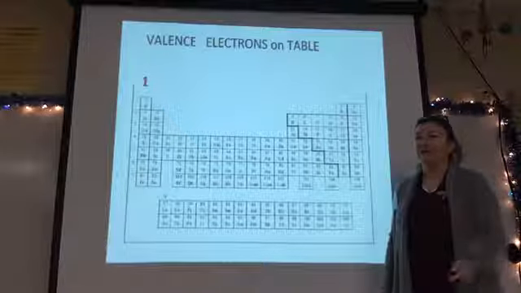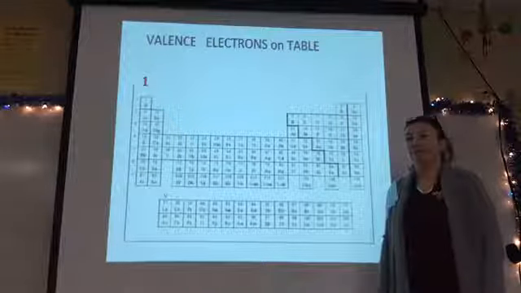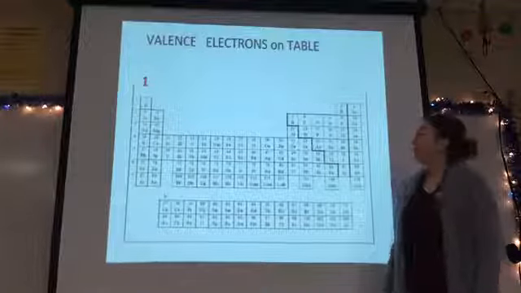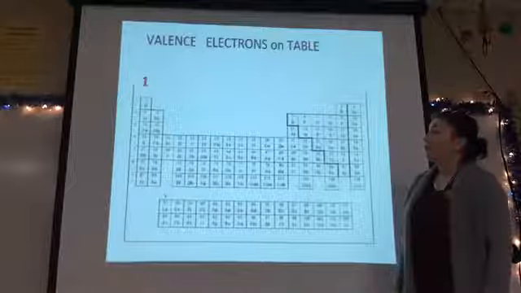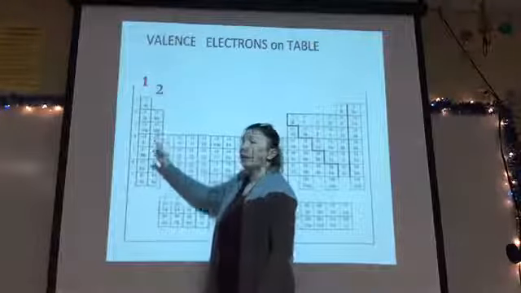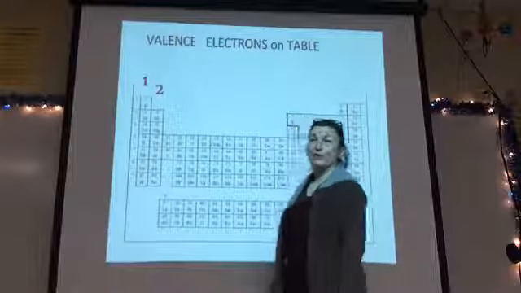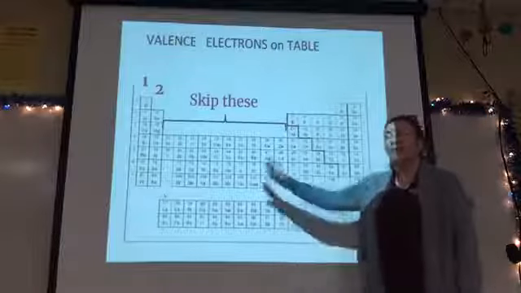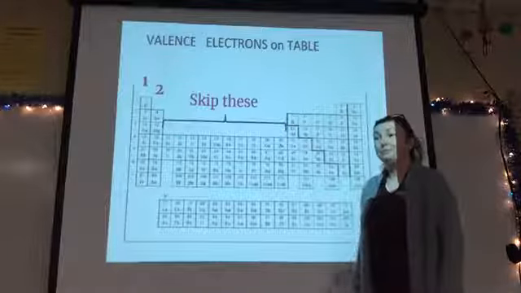So I'd write valence electrons. Group 1 has 1 valence electron. Group 2 has 2 valence electrons. We skip transition metals. They're kind of wonky and we'll get to them later.